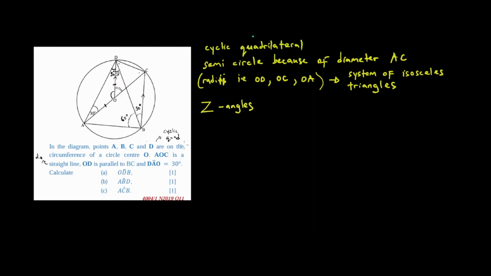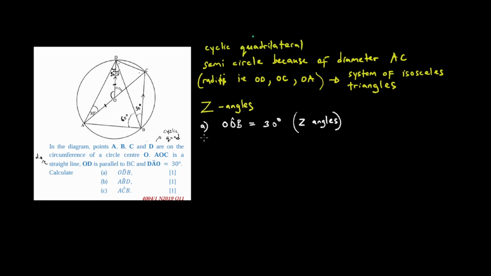Let us now look at the questions. A is asking for ODB. So ODB, it's 1 mark. Remember, ODB is going to be equal to 30 degrees, and the reason here is Z angles. So sometimes it's going to be as easy as just quoting.